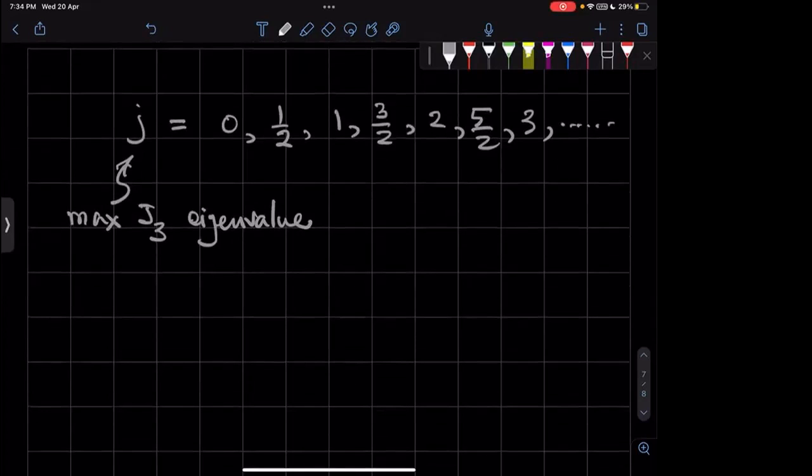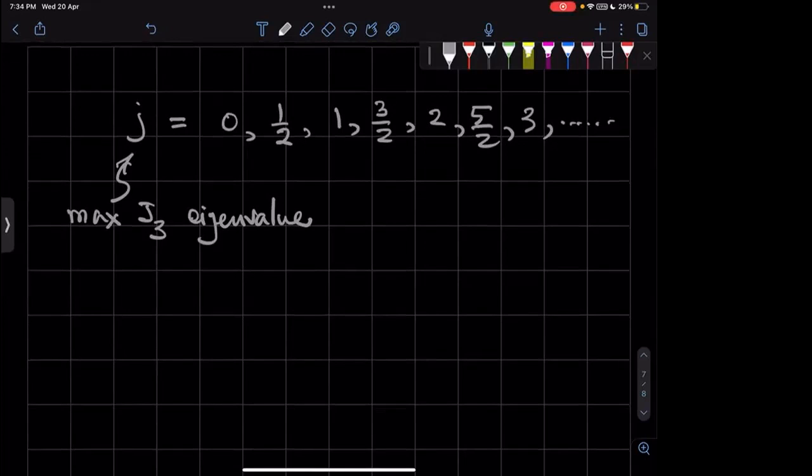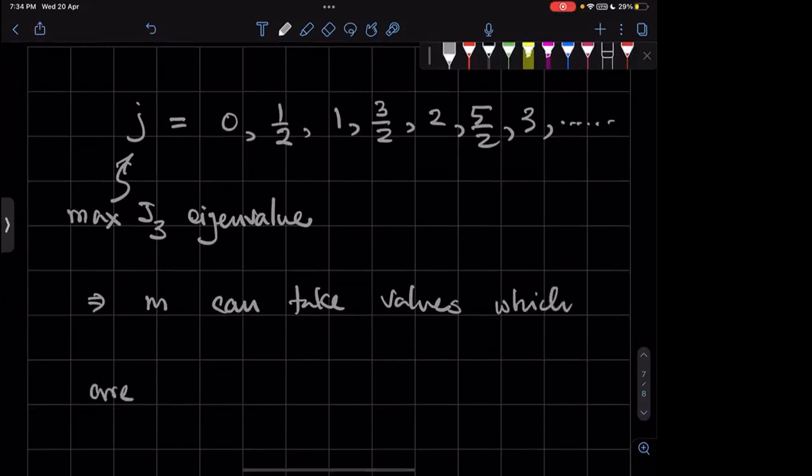All right, since this is the maximum eigenvalue of J of M, and M can change by 1, right? When you apply a raising operator or lowering operator. This means that M in principle can take values within limits which are positive or negative half integers, right?